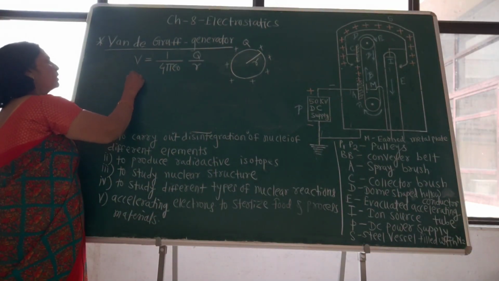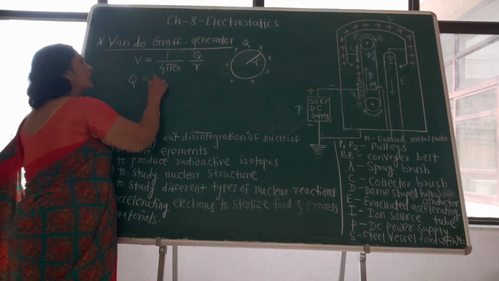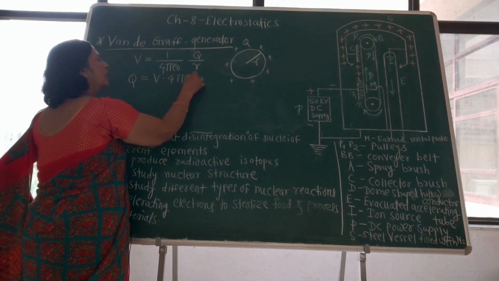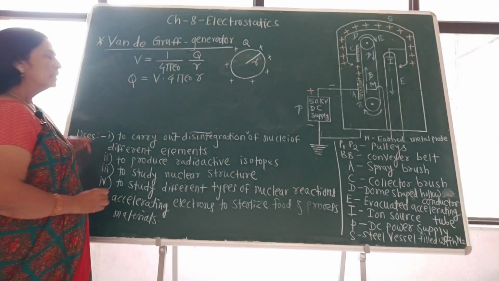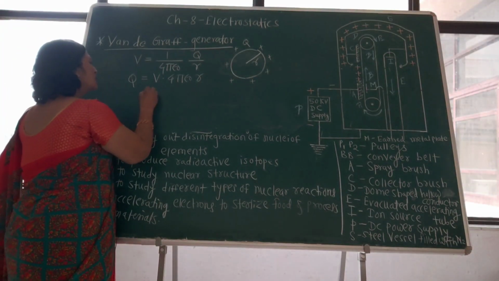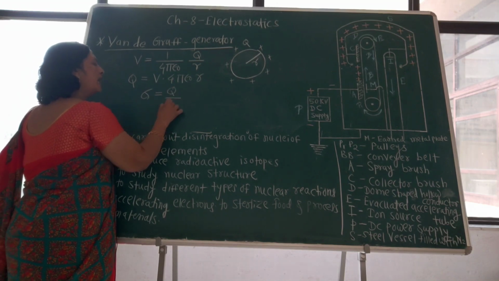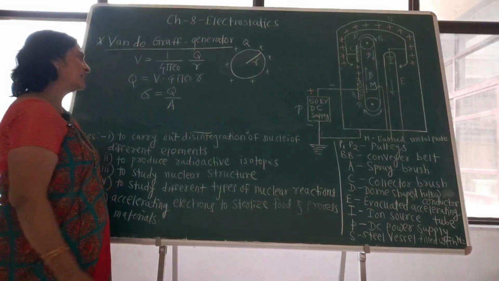Then the charge Q equals V into 4 pi epsilon naught into R. Sigma, the surface charge density, is Q by A, charge per unit area.